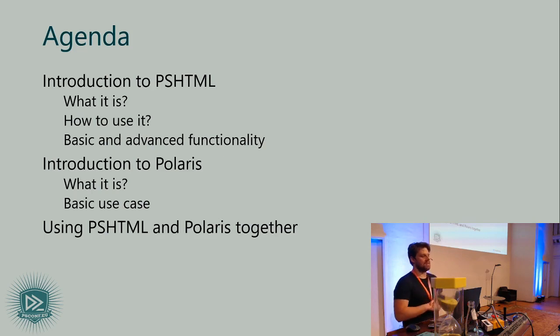Then in the second step, I will introduce you to a tool called Polaris, which is for the backend, and the same thing: what it is, and some basic usage. And then we're going to combine it together at the very end of this presentation, to show you what you can potentially build with PSHTML and Polaris.